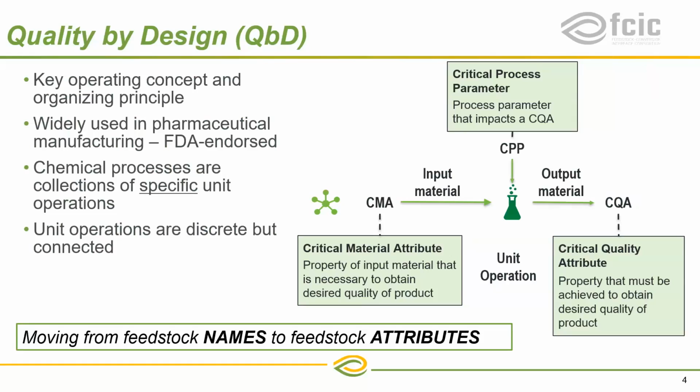The way that unit operation is run, is operated, are the critical process parameters. Think of a temperature in a chemical reactor. Think of a pressure, upstream pressure on a filtration system. And collectively, the critical material attributes and the critical process parameters give you a material out of that unit operation with specific attributes, critical quality attributes.